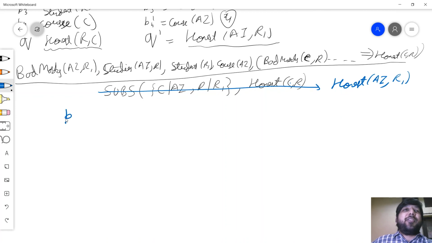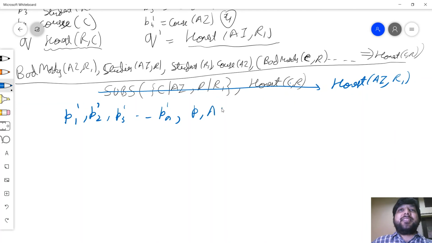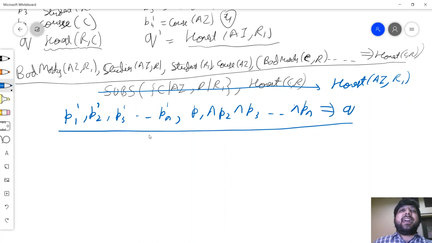In general, if I have given P1 dash, P2 dash, P3 dash, Pn dash in my knowledge base, and I am given a general rule P1 and P2 and P3 and Pn implies Q, then I can resolve under the same substitution theta that I use.